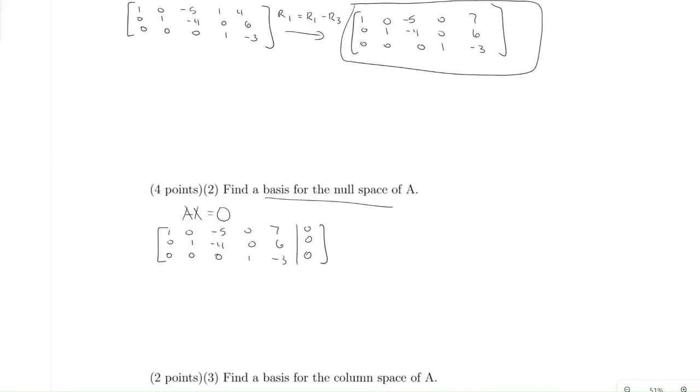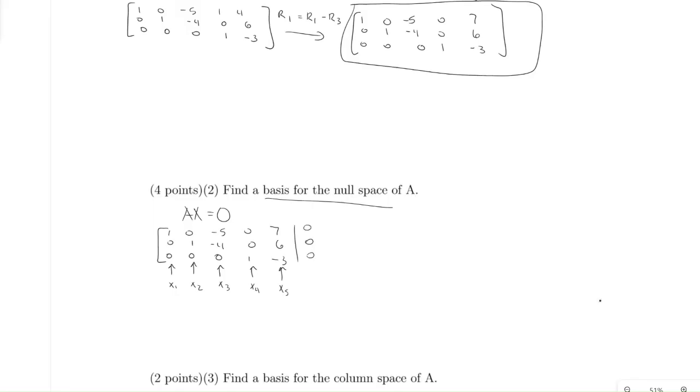If we write x as x1, x2, x3, x4, x5 equals a 0 vector, each of these columns corresponds to the variables x1, x2, x3, x4, x5.